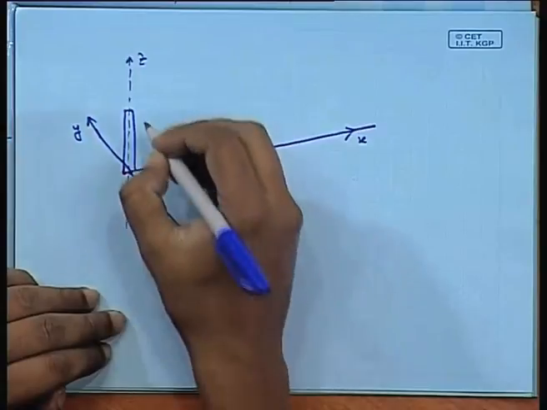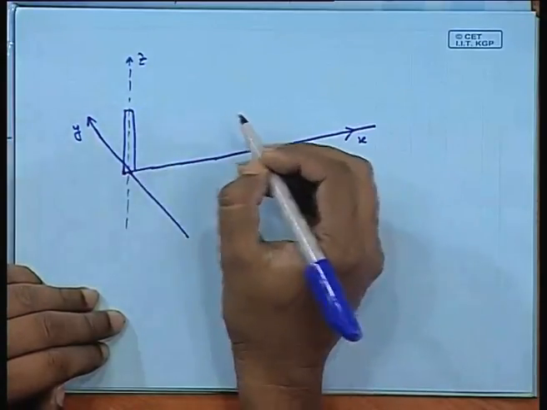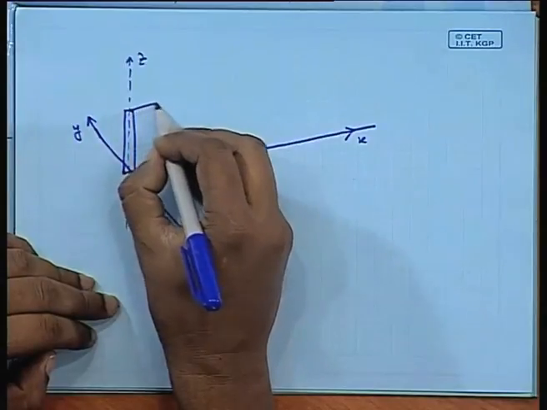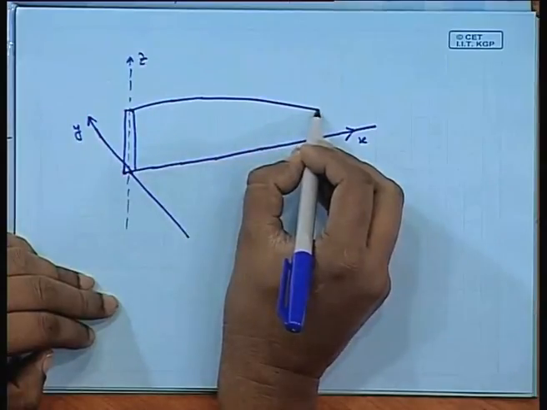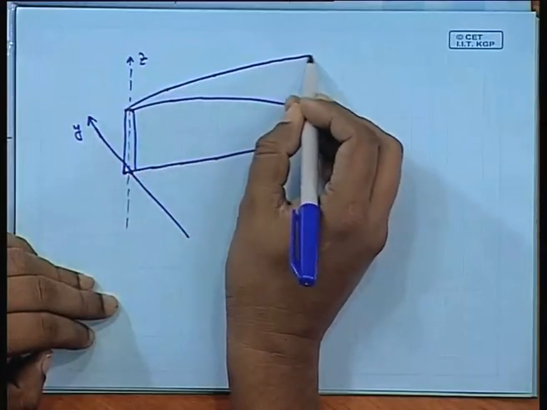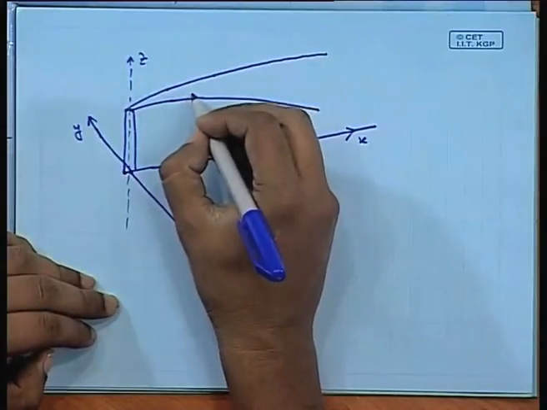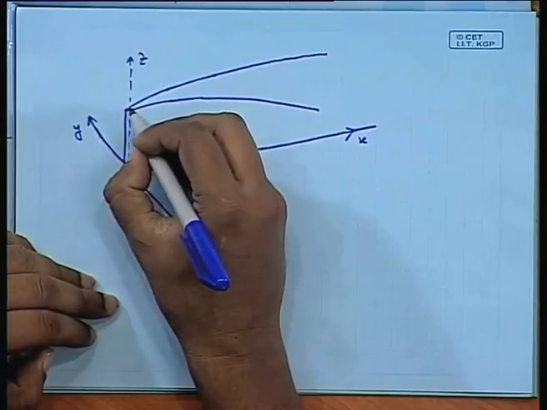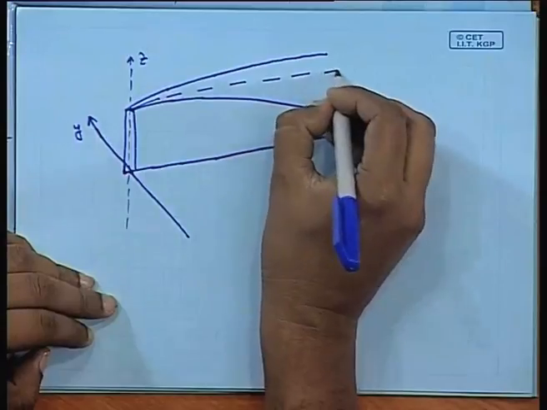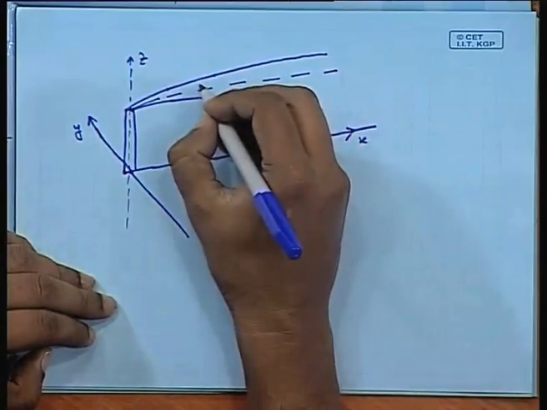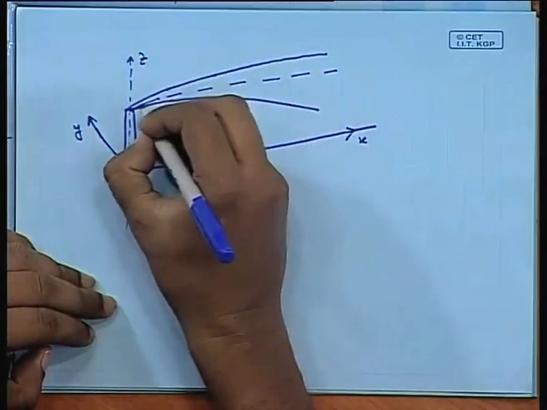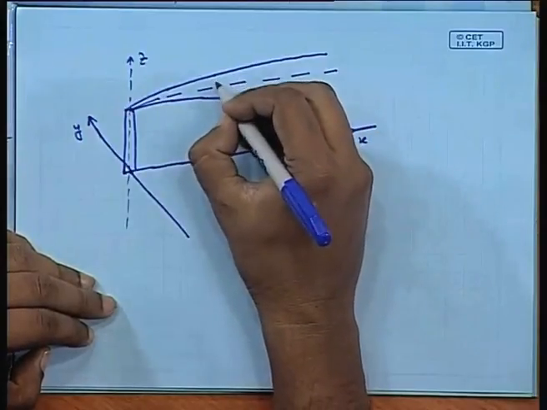If the dispersion is taking place like this, as per the explanation that I have already made, if it is following a center line, across the center line, this is the plume, this is the instantaneous plume.